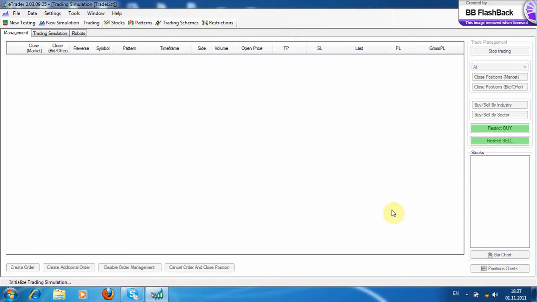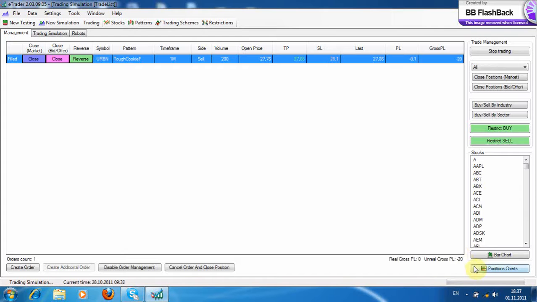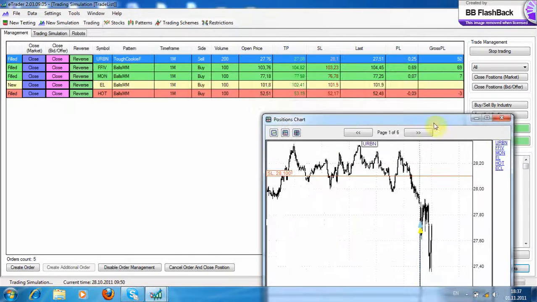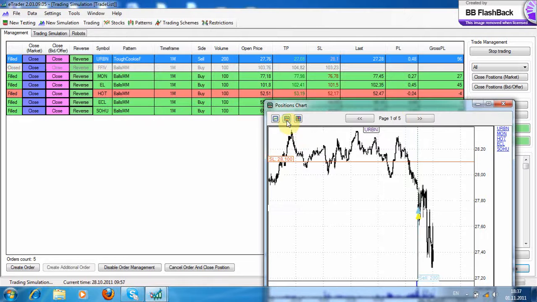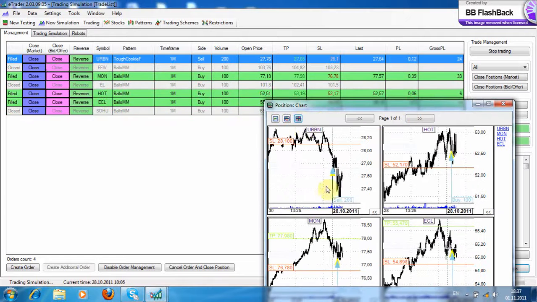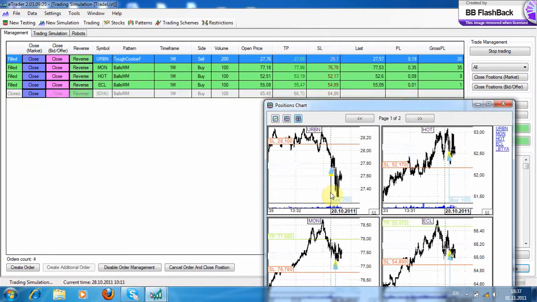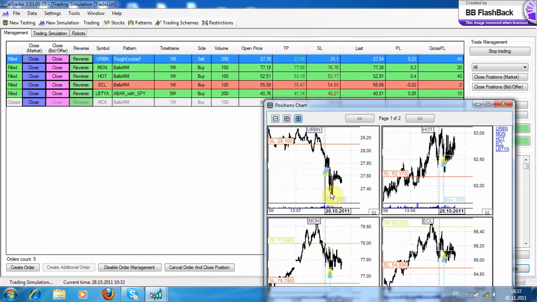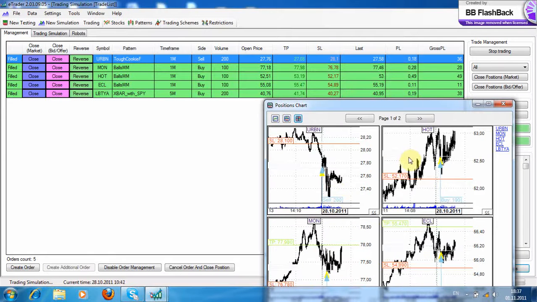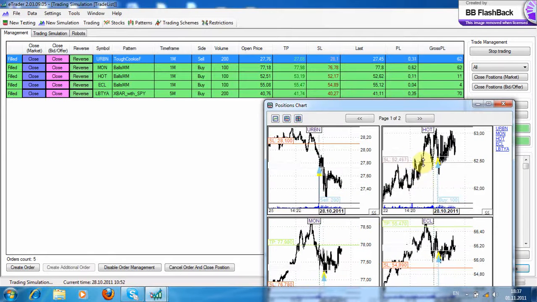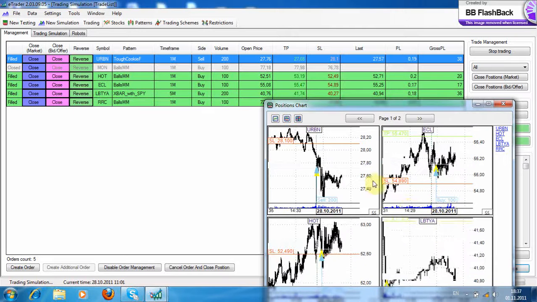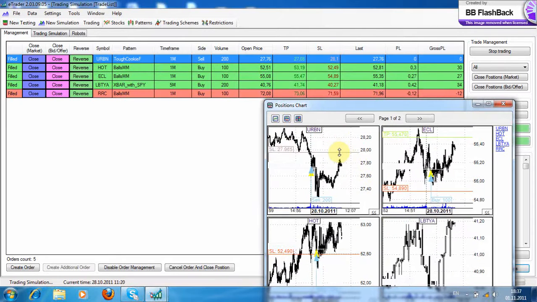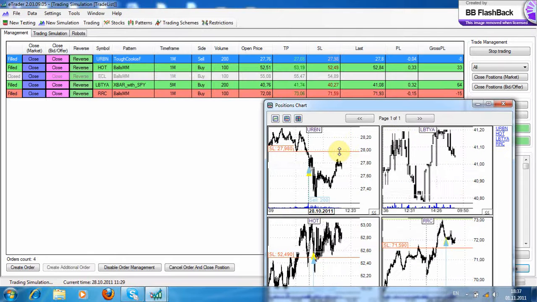During trading, we can also open position charts, and all the trades that are taking place are going to be shown in the charts. We can move stop loss and take profit. Once the position closes, the chart closes as well.